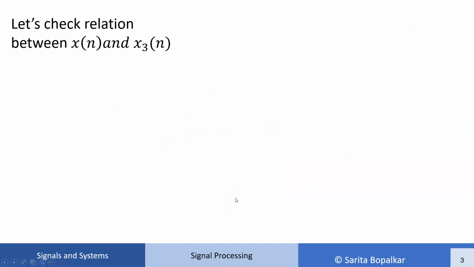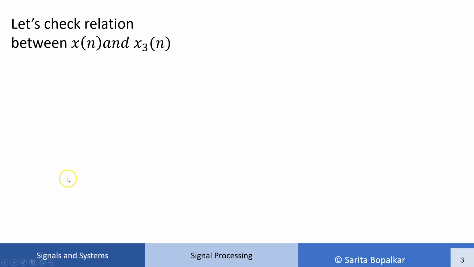Now the second question: using the result obtained in 1, that is x of k, which we obtained by the matrix method, we use this result to find the DFT of x3n and x4n.